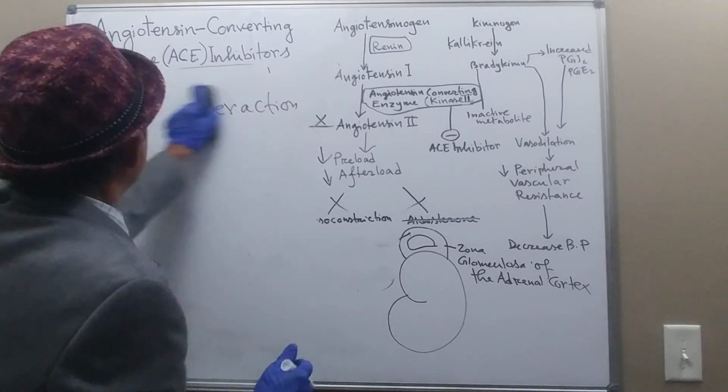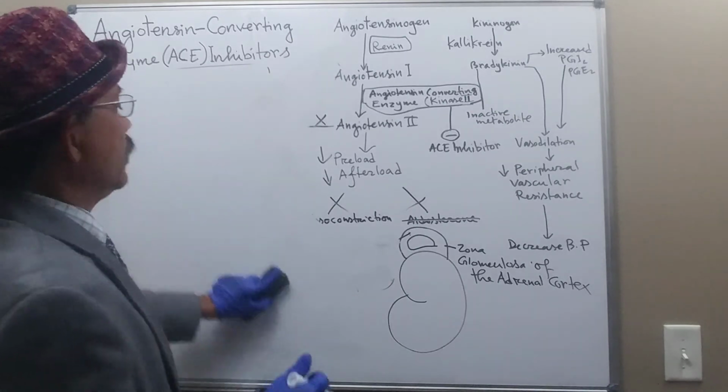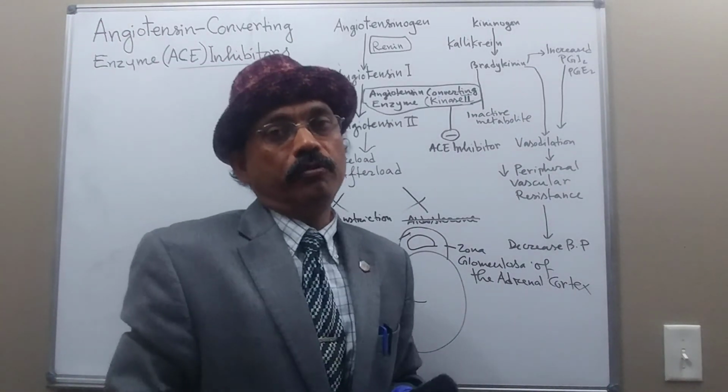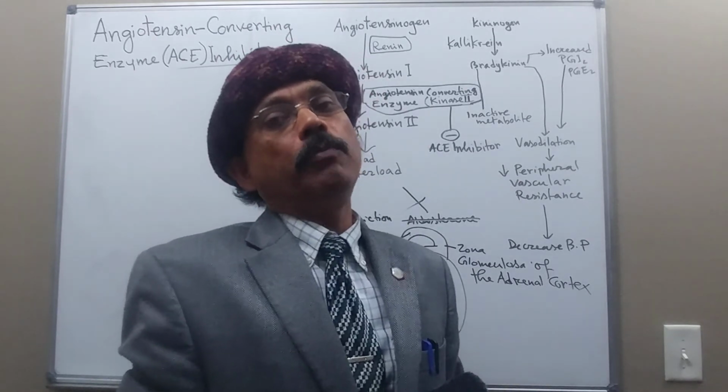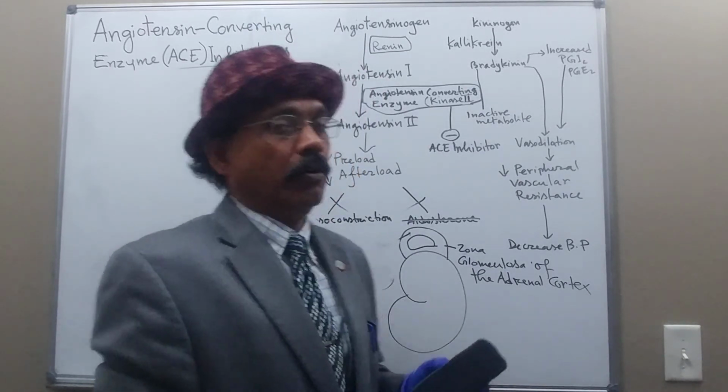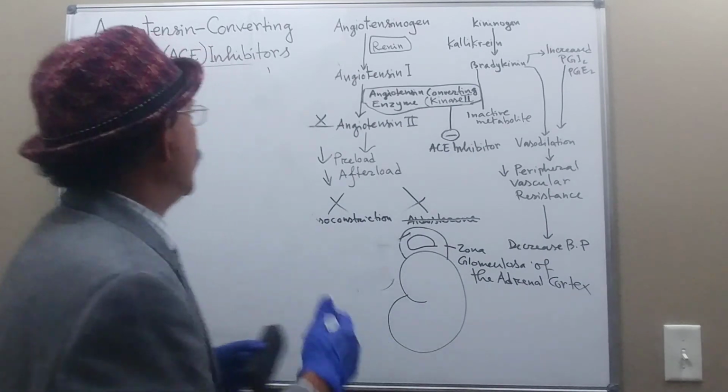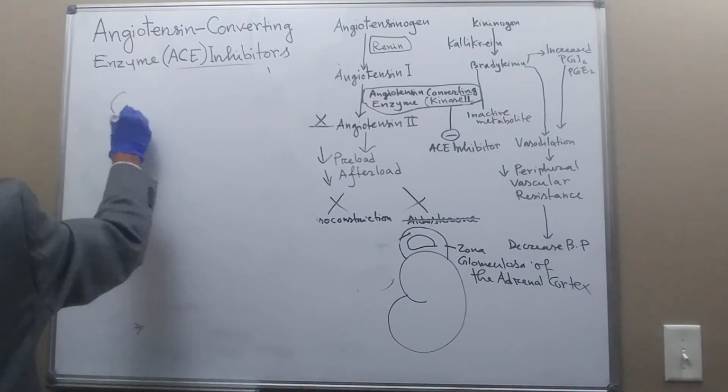Now contraindication. Not only the drug, the patient should also take care of his or her diet. The diet should not contain a potassium rich diet, because that may lead to hyperkalemia. Now we'll go to the contraindications.